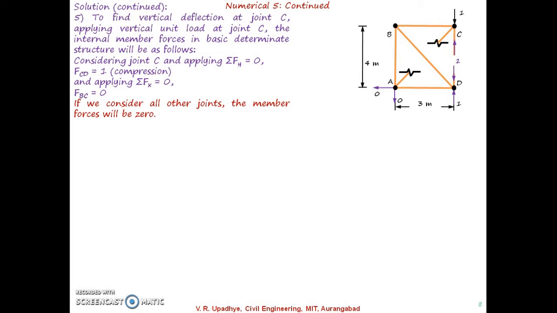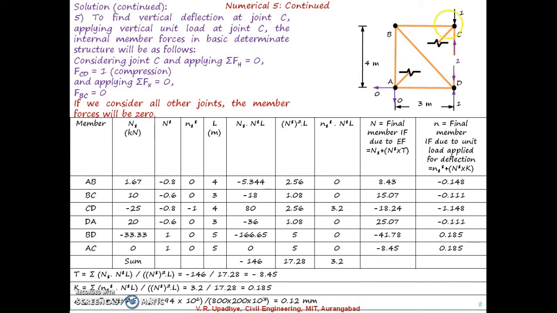Now if we go through that table, this complete table is as follows: first is the members, and the second column is the member forces due to applied external forces in the basic determinate structure. The third column is the member forces in the basic determinate structure when a unit load is applied at the member which is removed to convert the original structure into the basic determinate structure.